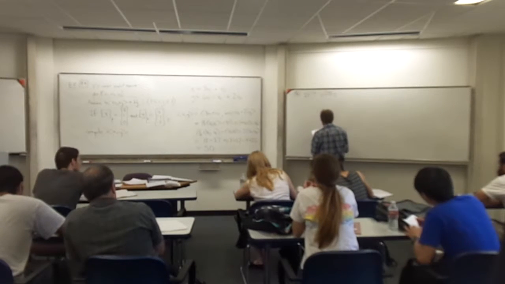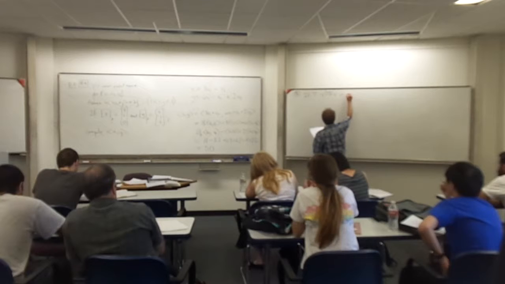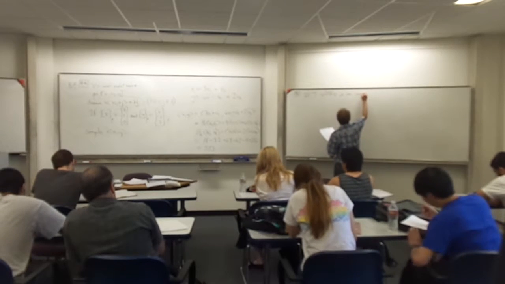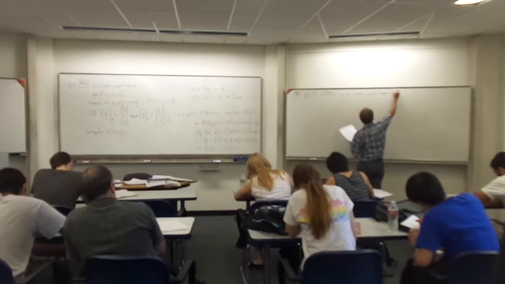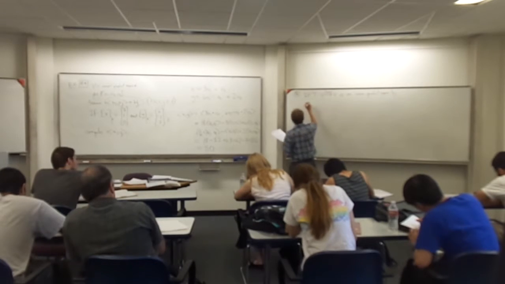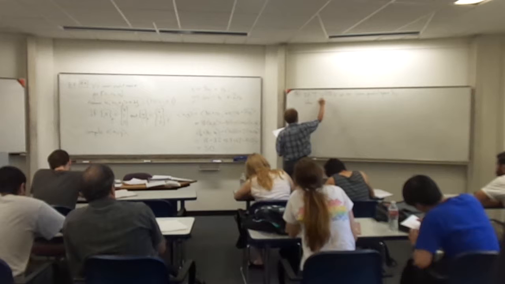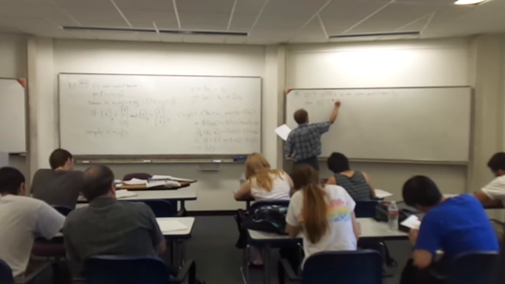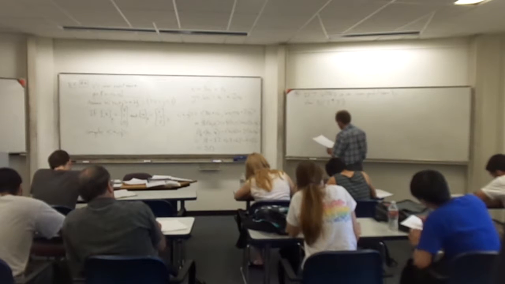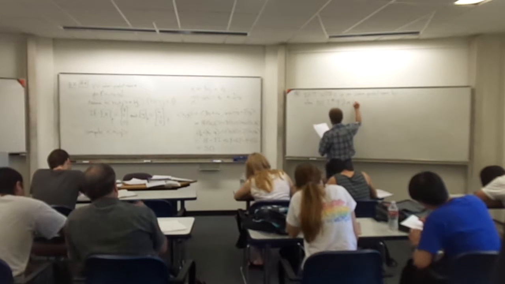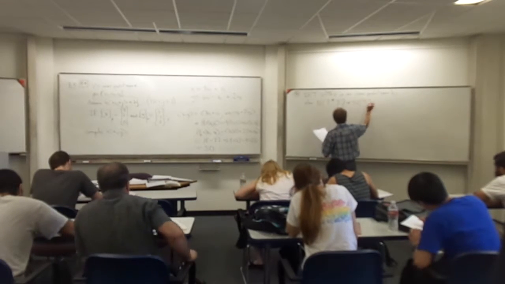So if that's linear on an inner product space V, show, we've actually done this before, but I want to just do it again, make sure everybody can still do it, that the null space of T star composed with T is the same as the null space of T.